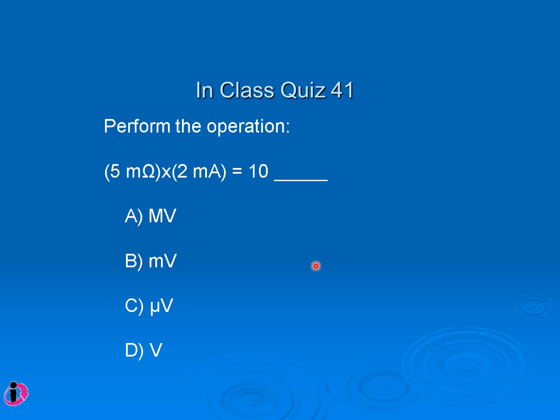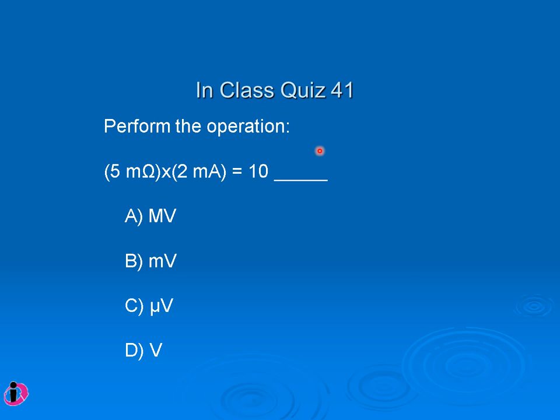Let's see whether you can understand this. Let me give a pause here and see whether you can do it. So you are multiplying 5 milli times 2 milli, right? And milli is 10 to the power negative 3. Okay, did you find the answer for this question?